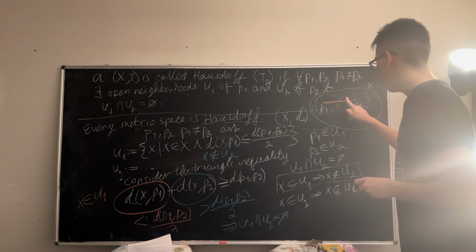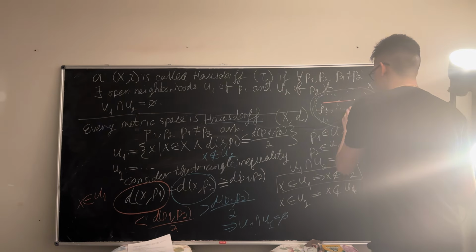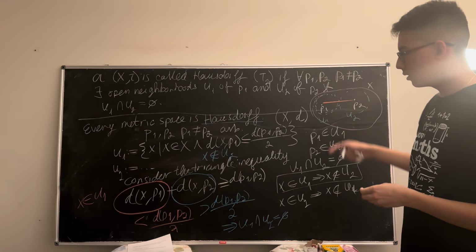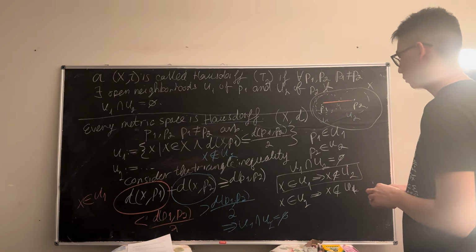Now these two open balls contain P1 and P2 respectively, and they are disjoint, which completes the proof that every metric space is Hausdorff.